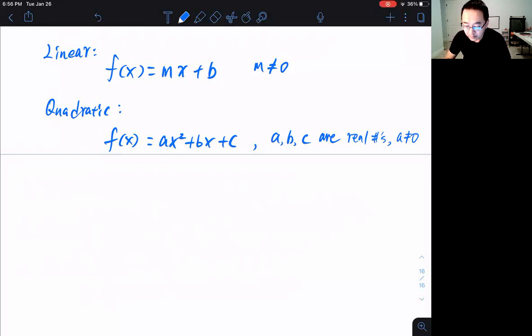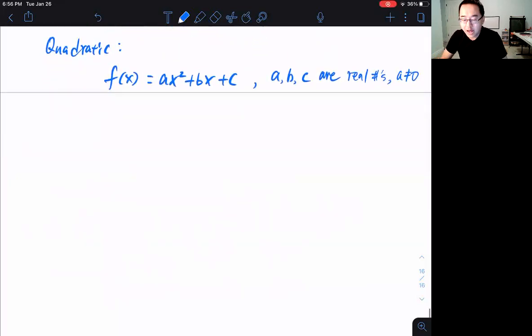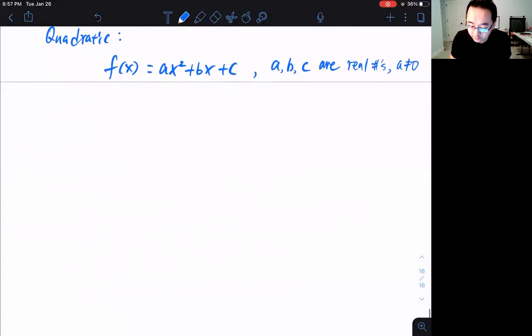Now, a quadratic function is not linear anymore, and your graph is a parabola. It's a curve with an end on one side, which then opens up in another direction. Connected to this, there's one point on your graph that's called a vertex.